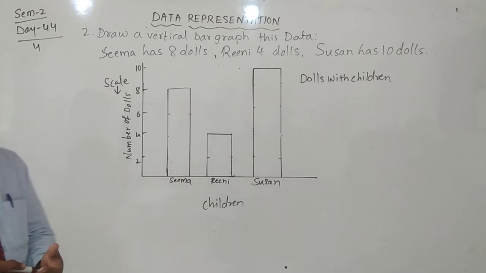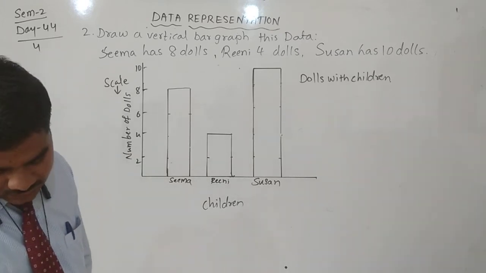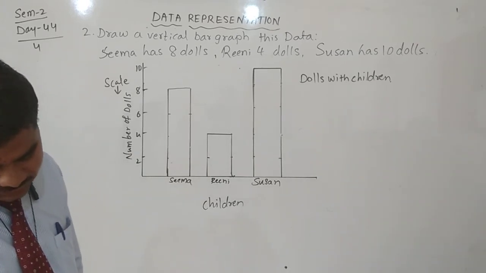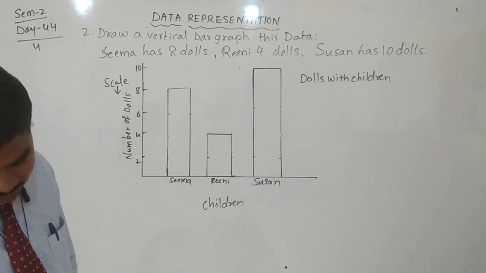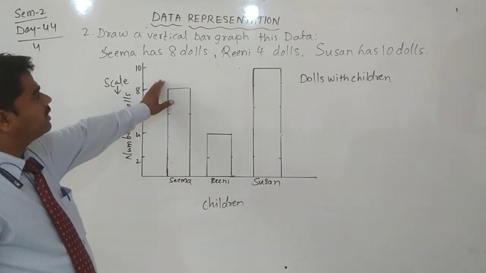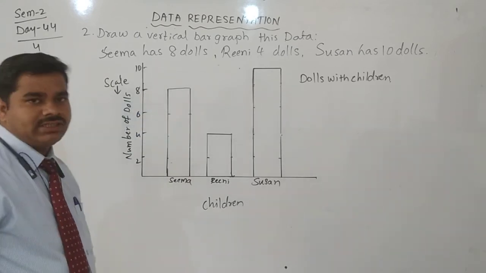After this, one more: that's horizontal. We can draw a horizontal bar graph. Draw a horizontal bar graph for this data. The earlier one was to draw a vertical bar graph for the given data.